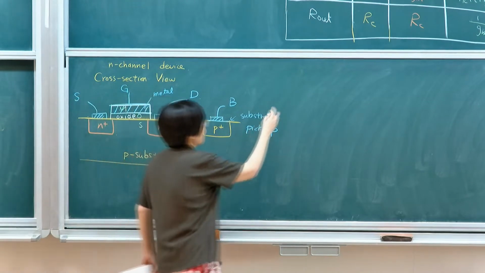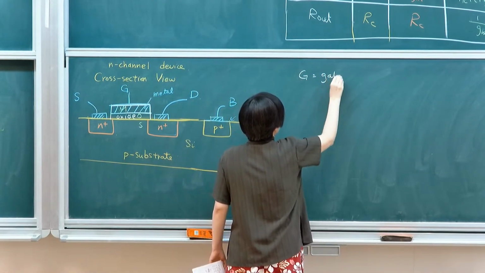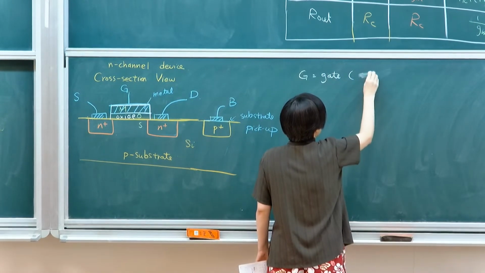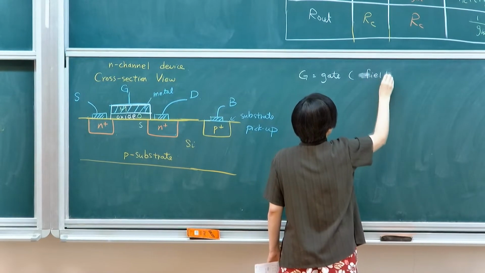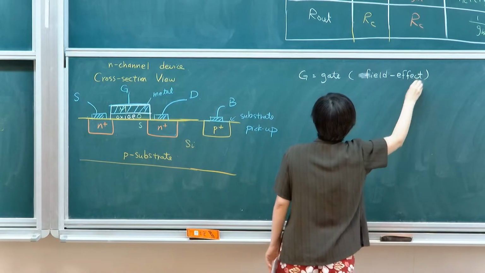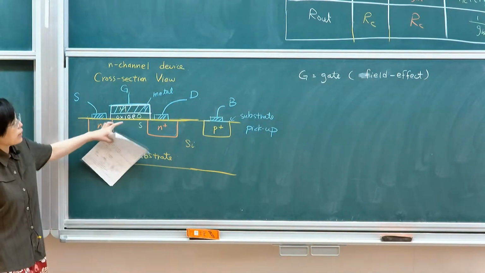Let me write it down. It has the gate, mainly for creating field effect. To induce field effect, I should say. And I have the pickup to connect to the channel.